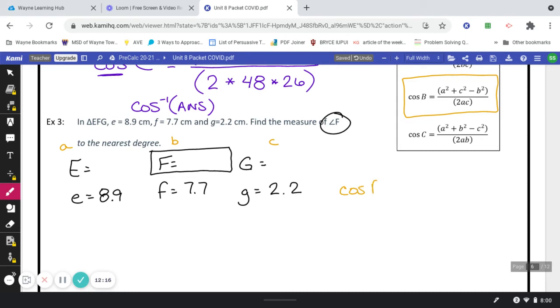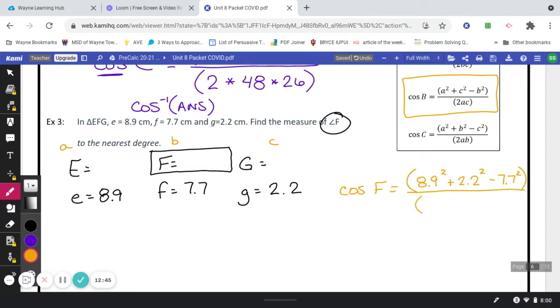All right. So cosine of B, or cosine of F, I guess I should say, equals. All right, the A, which is going to be my E number, 8.9 squared. The C, which are the G's on this problem, 2.2 squared. And the B, which is my F, 7.7 squared. Close the parenthesis.